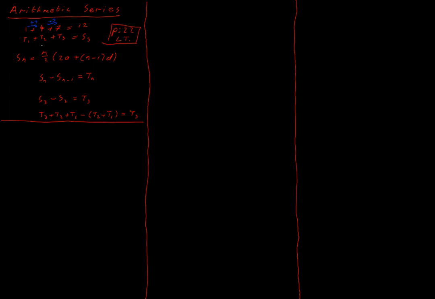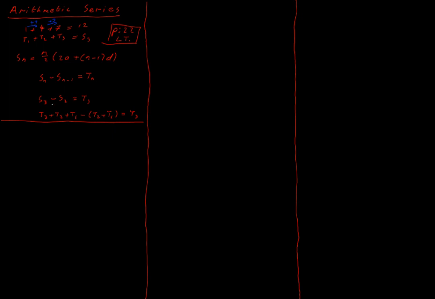One of the things that is important about the terms: just like with the terms formula, we knew that Tn minus Tn-1 always gave us the difference between our terms. If we get Sn minus Sn-1, that is going to give us the nth term.